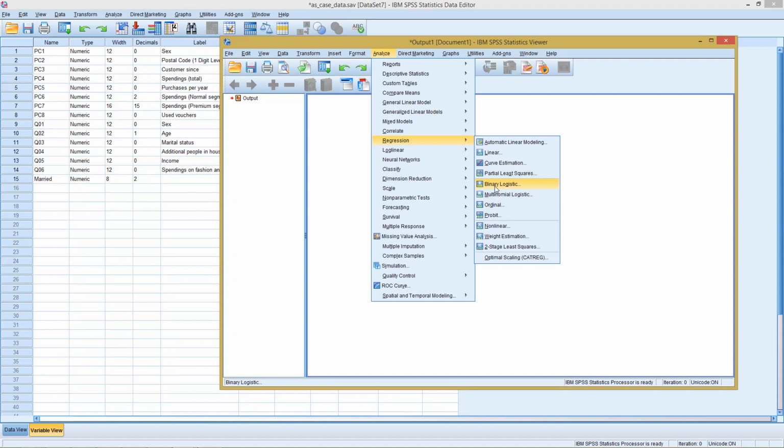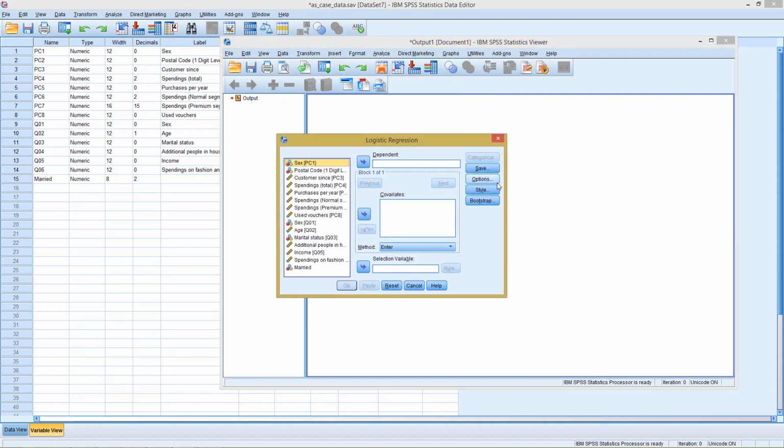So it could be something like you ask someone, would you buy this product? Yes, no. And then I can get results on what actually impacts their decision to buy the product in a positive or a negative fashion. All those questions could be answered with binary logistic or as well with Probit.